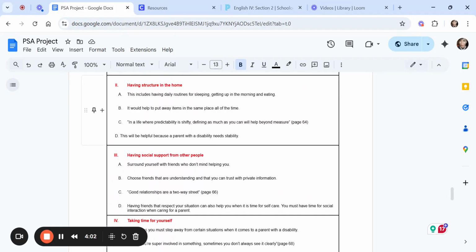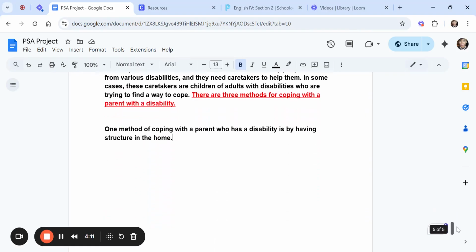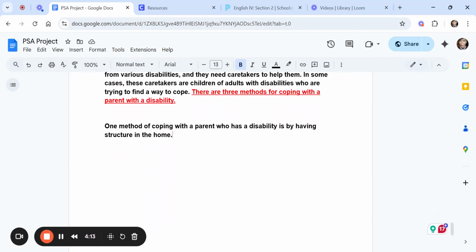I'm going to use the rest of these sentences written in black to add as the details to fill my paragraph. This is how I have 5 sentences for my paragraph. And of course, you're going to have to add a few additional words and details so that your voice can be heard in the paragraph.